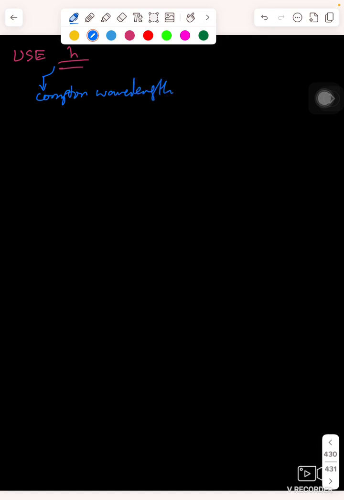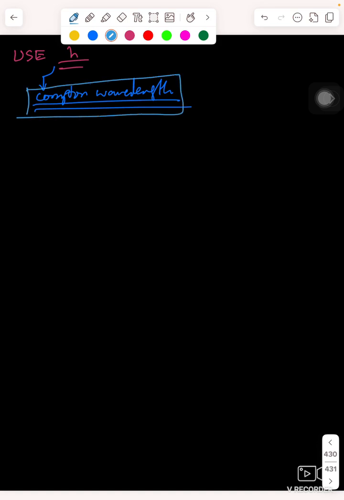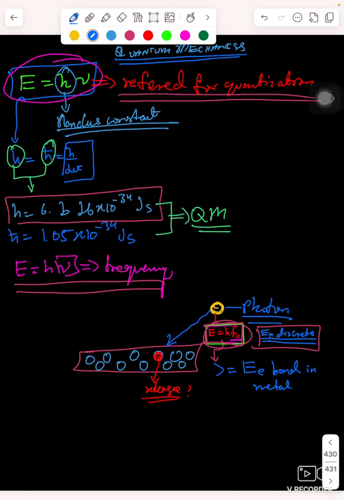This is the second form of the photoelectric effect. In the photoelectric effect, the electron absorbs the photon, and the photon ceases to exist, it vanishes.